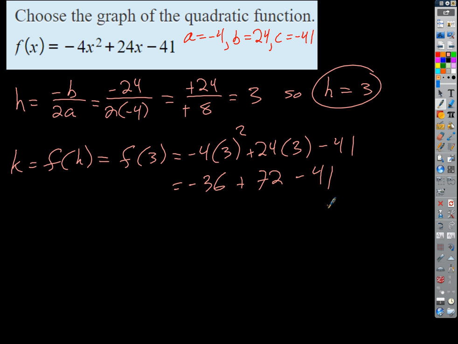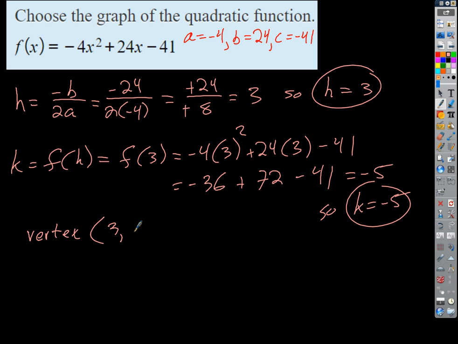So what's -77 plus 72? -5. So k equals -5. And that tells us that our vertex is located at the point (3, -5), and what's a? -4. That's all we need, right? If we have that information, it's really easy for us to come up with a graph. So let's do that.